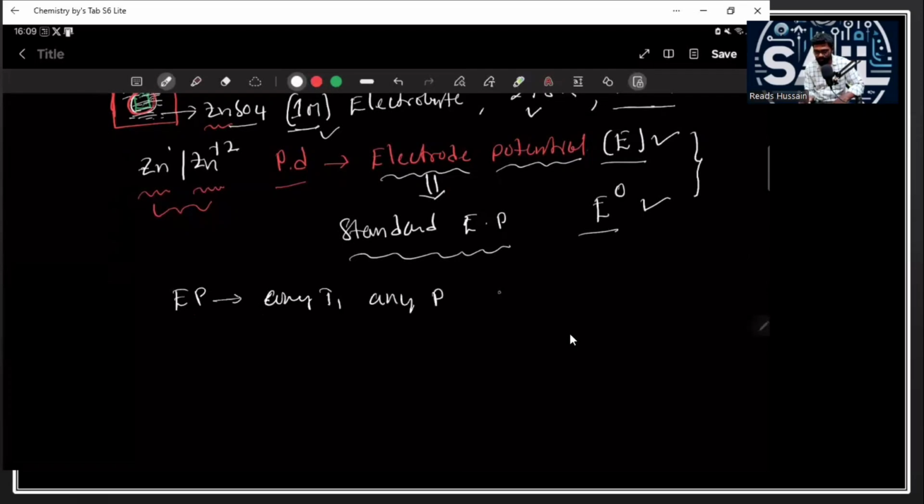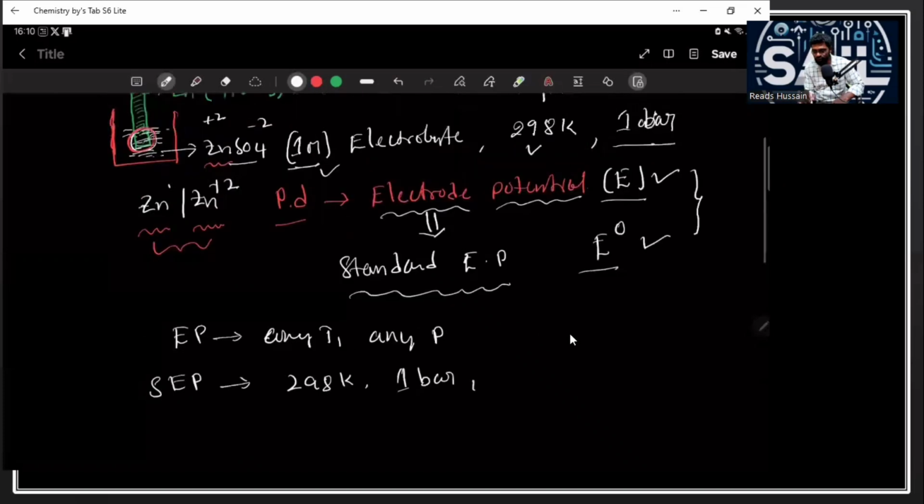But for standard electrode potential, the temperature is 298 Kelvin, the pressure is 1 bar, and also the concentration of the electrolytic solution must be 1 molar. Under these conditions, it is called standard electrode potential. It is represented by E naught.